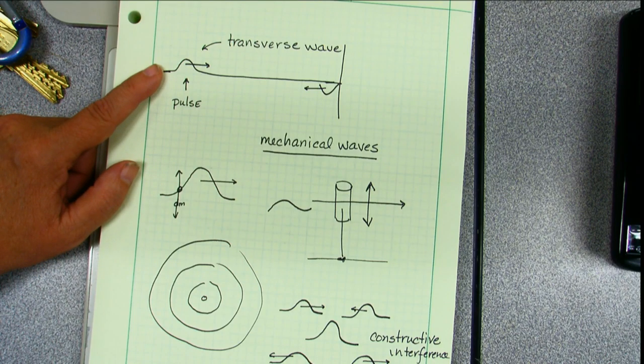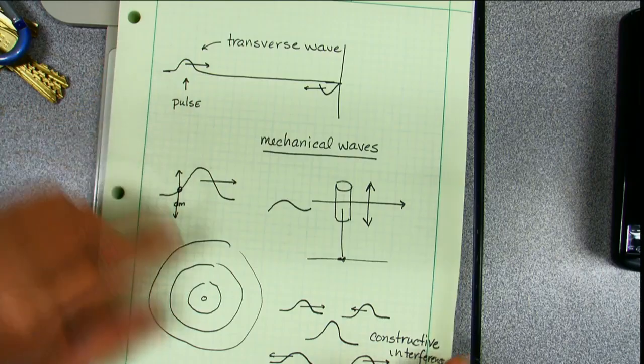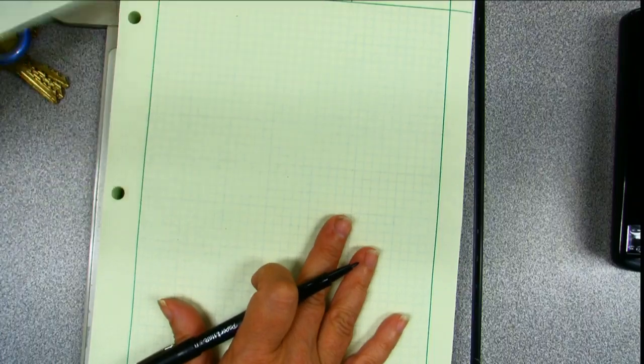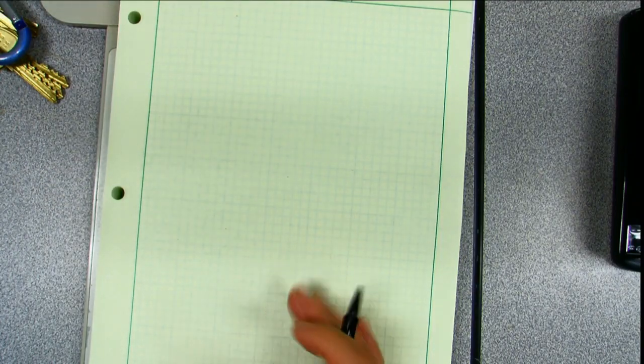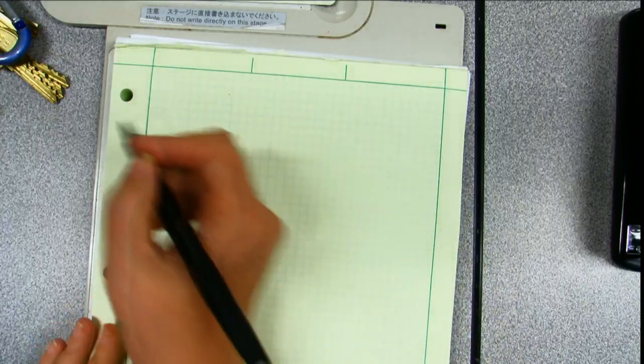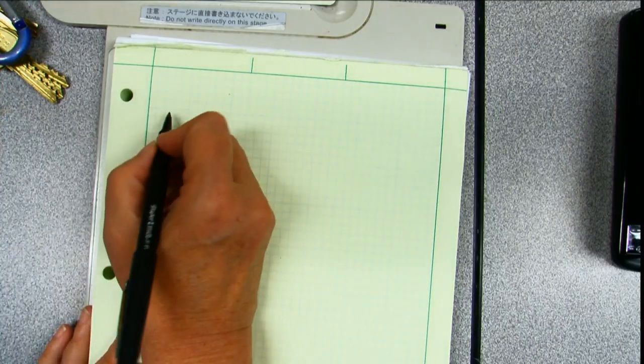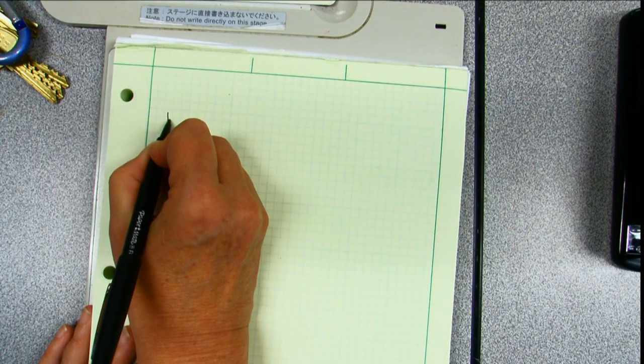But the easiest way to think about it is if I have a wave that's traveling down a string, it's likely to be a transverse wave. My slinky is the best way to describe both types of waves because I can create a transverse wave with my slinky, but I can also create the second wave with my slinky.